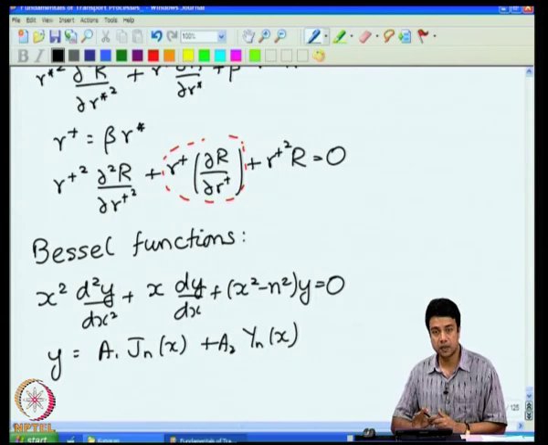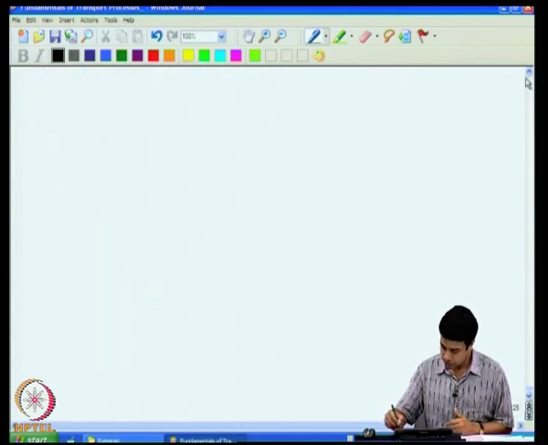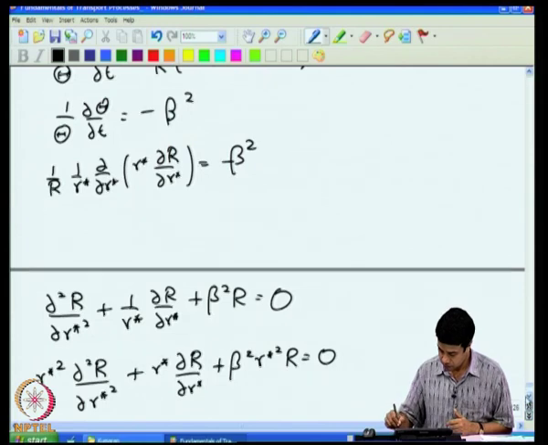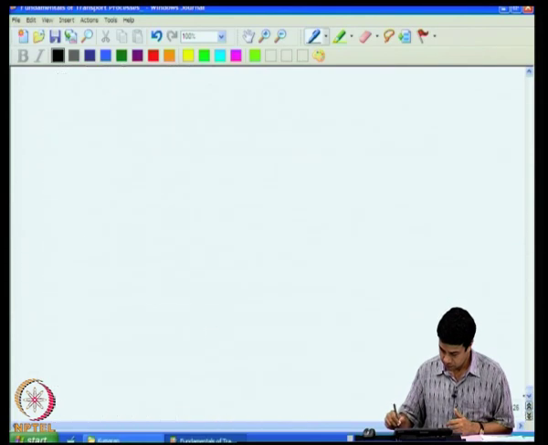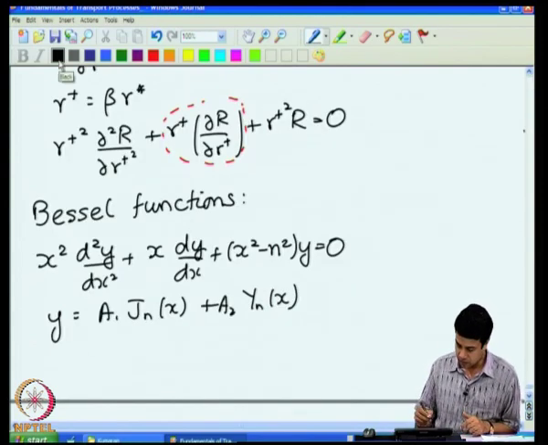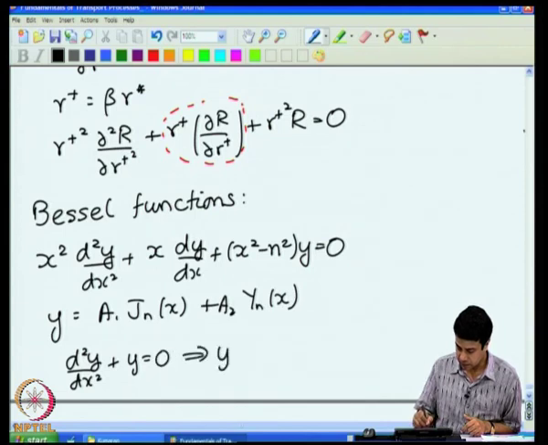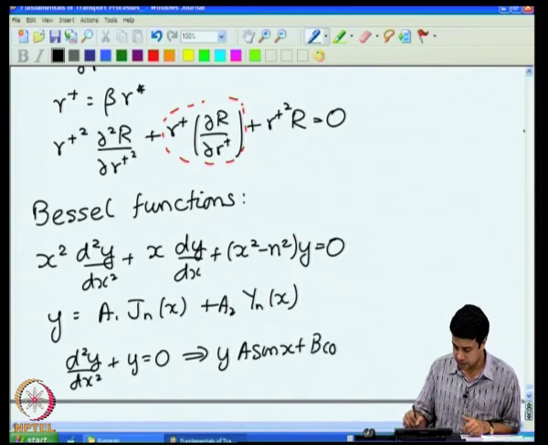These are linearly independent solutions of the Bessel equation in a similar manner to how the solutions for d²y/dx² plus y is equal to 0 are solutions of the form y is equal to a sin x plus b cos x.